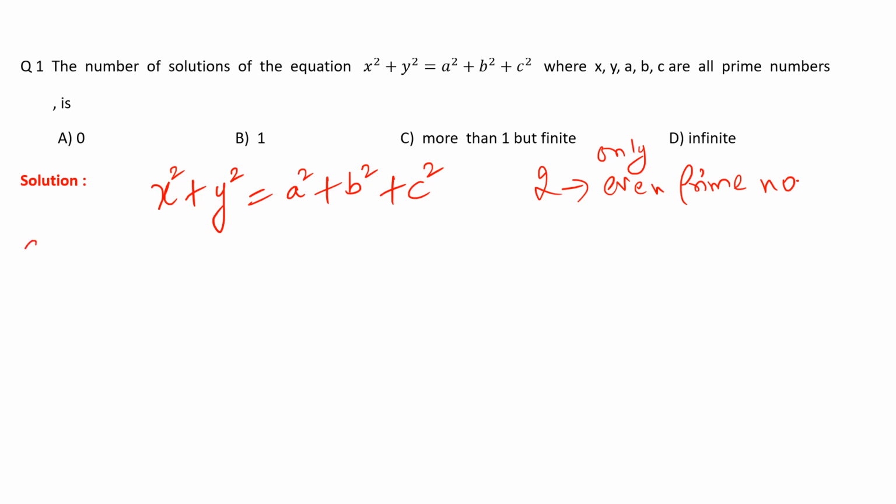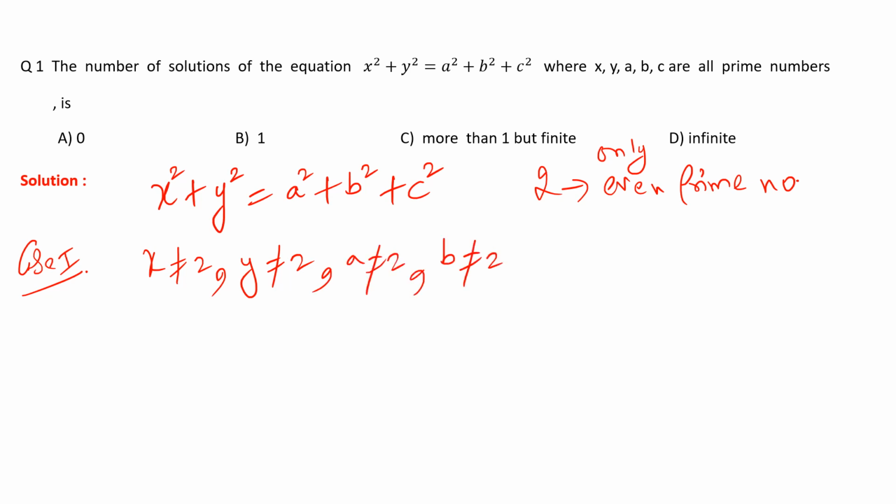Now let's consider the first case, that is if x is not equal to 2, y is not equal to 2, a is not equal to 2, b is not equal to 2, c is not equal to 2. That means all of them are odd, right? All of them are odd prime numbers.